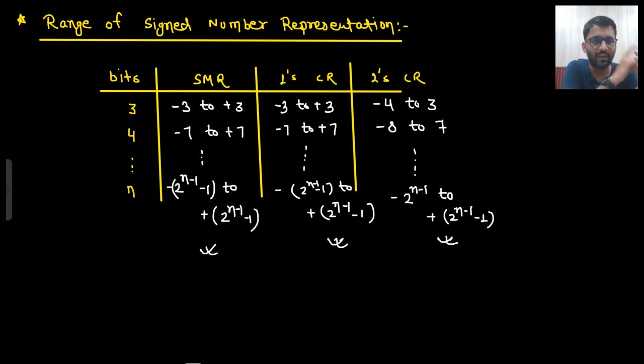In the next lecture, we are going to see the arithmetic operation. Just like the arithmetic operations we have seen in the codes, the same kind of arithmetic operation we will see in 1's complement and 2's complement as well. And there will be a very important concept, the concept of overflow. So the next video will be our last video of this chapter, and that would be very, very important. So let's meet you in the next video.